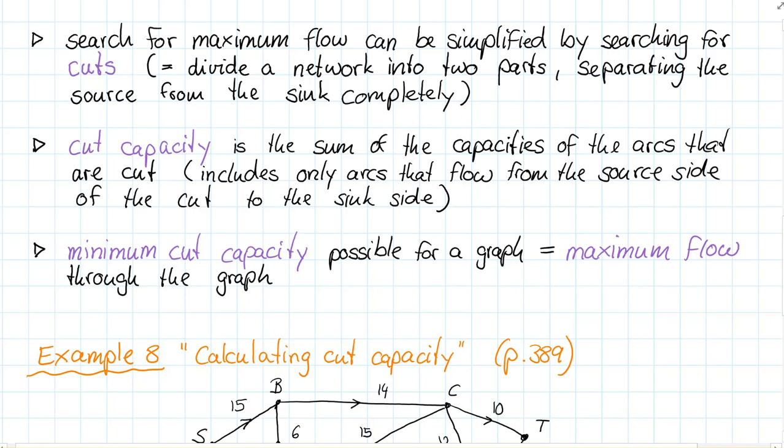This includes only arcs that flow from the source side of the cut to the sink side. So we need to have a look at the direction. The minimum cut capacity possible for a graph would be the maximum flow through the graph.